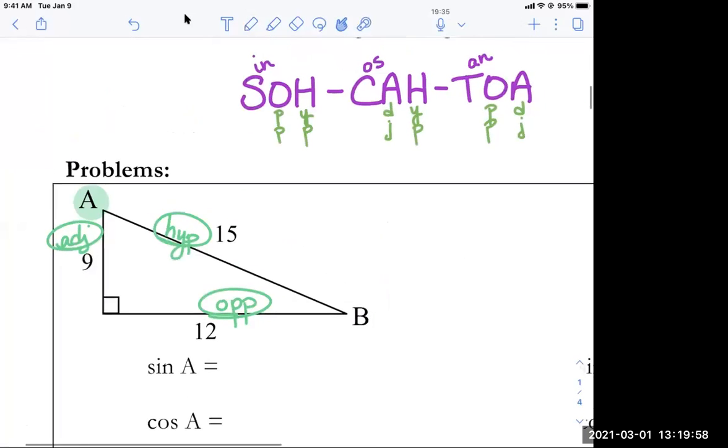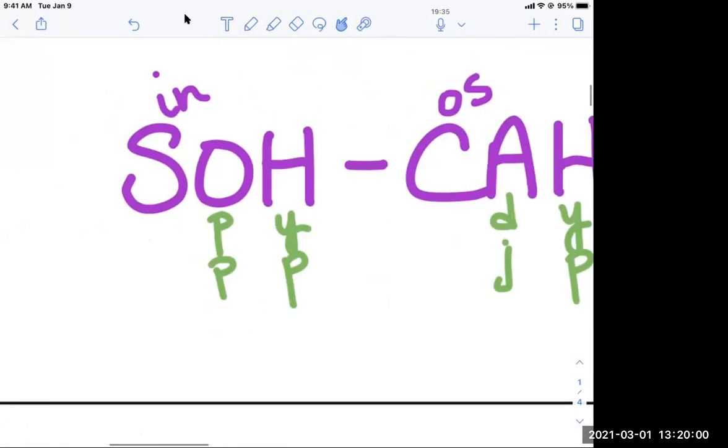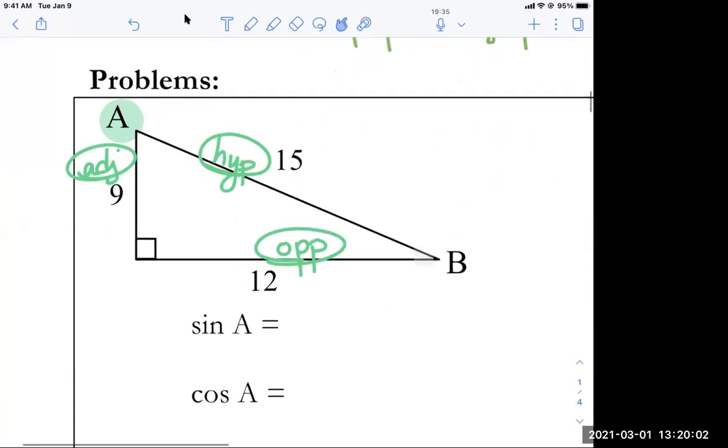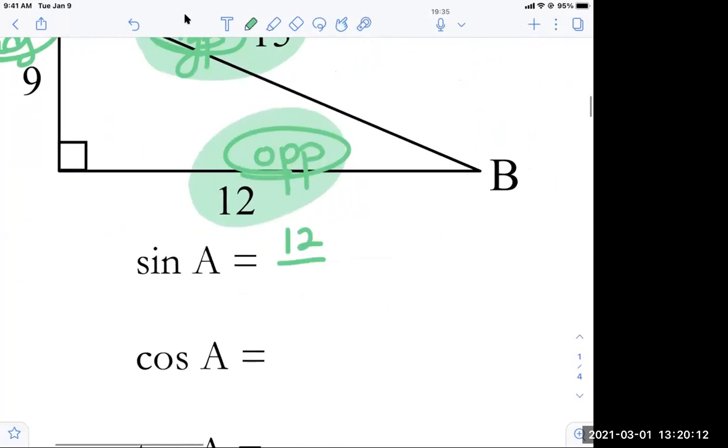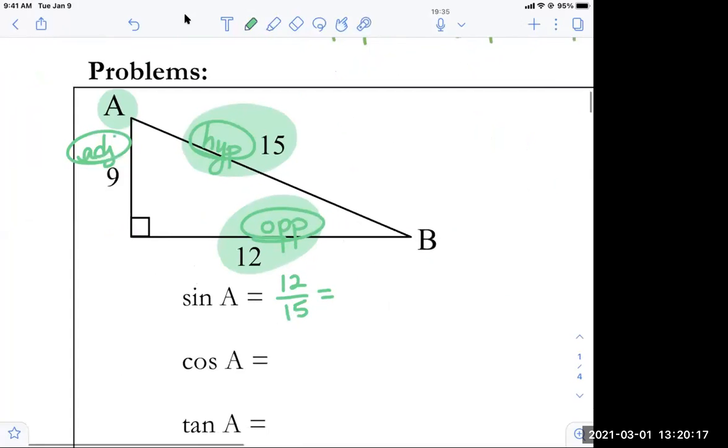Okay, so sine. Sine is opposite over hypotenuse. So in the triangle, when you look at angle A, the opposite divided by the hypotenuse is 12 over 15. Meg, what is that simplified? 4/5.